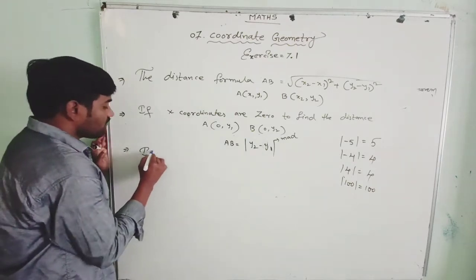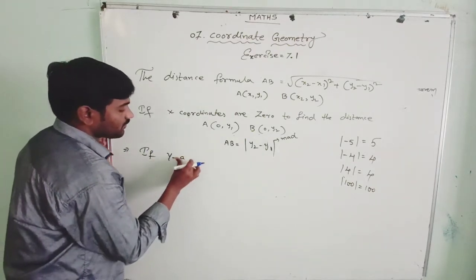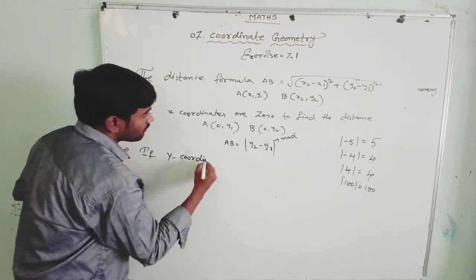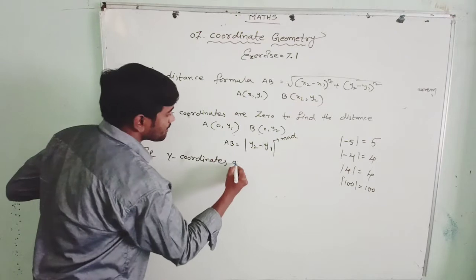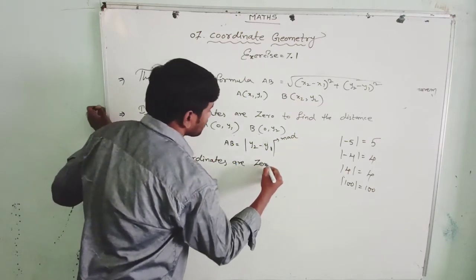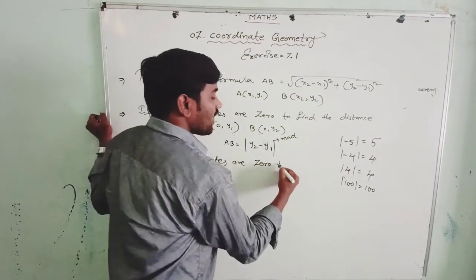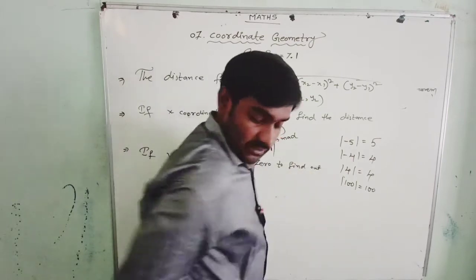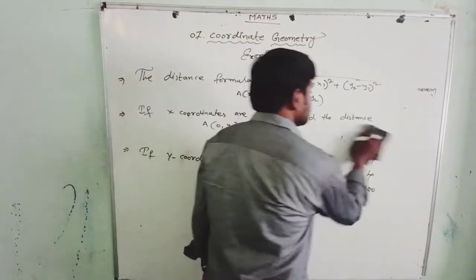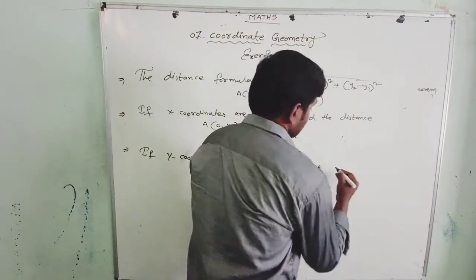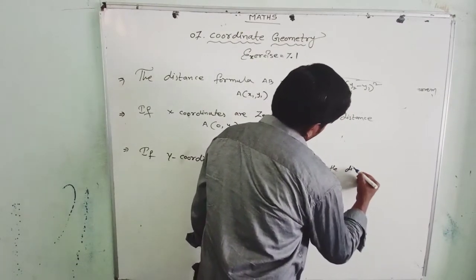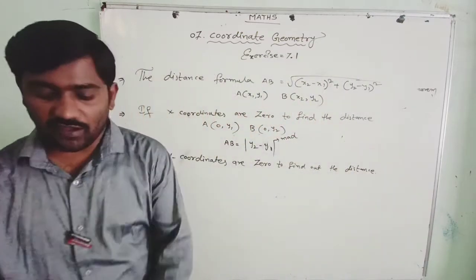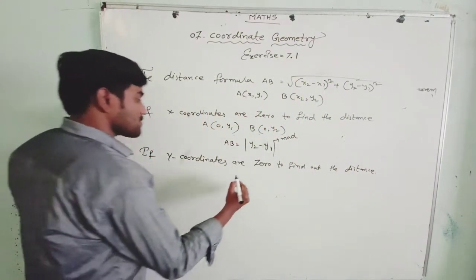If the y coordinates are 0, to find the distance, the formula is as follows.